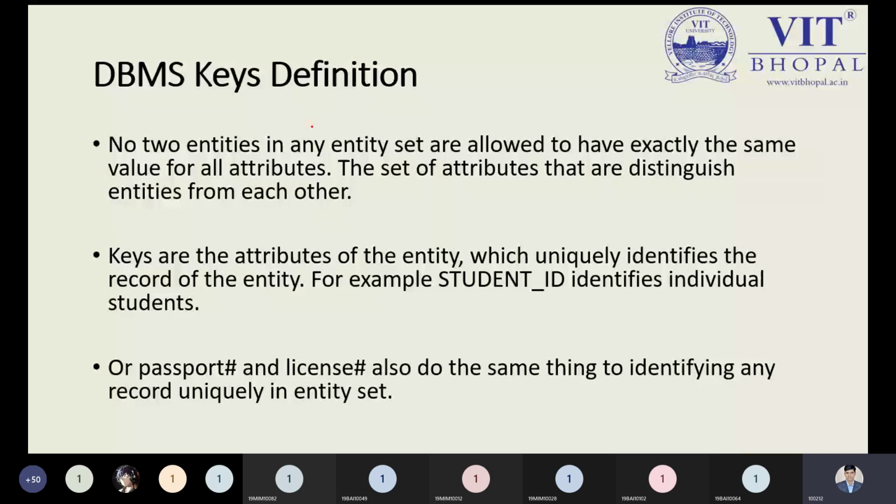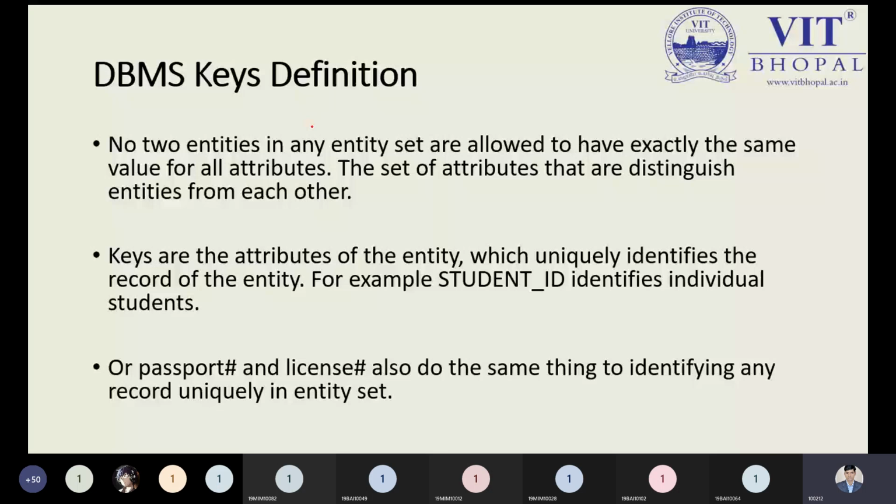We have two employees with the same name, Ajay, and coincidentally they also have the same last name or surname. But how do we identify which Ajay belongs to which department? The parameter by which we can do that is the employee ID. So this is the point we have here.